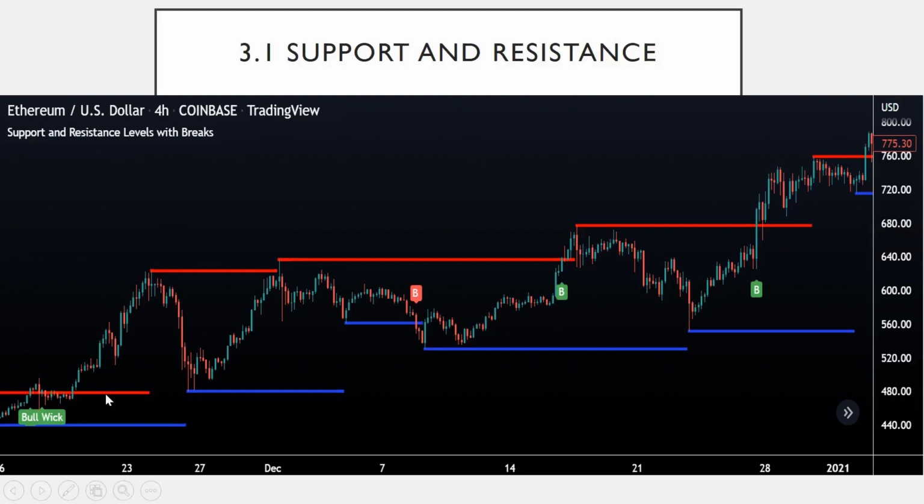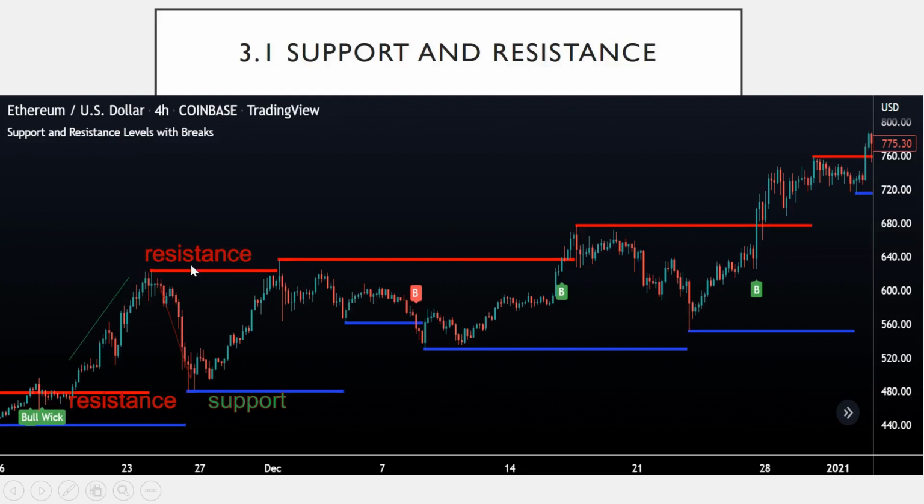So you can see this red line here. It's a resistance level. So we have this uptrend here, and we have this resistance level here. Okay, so price went up and it could not go higher, so there was resistance here. So this is support. Okay, this is the previous resistance.